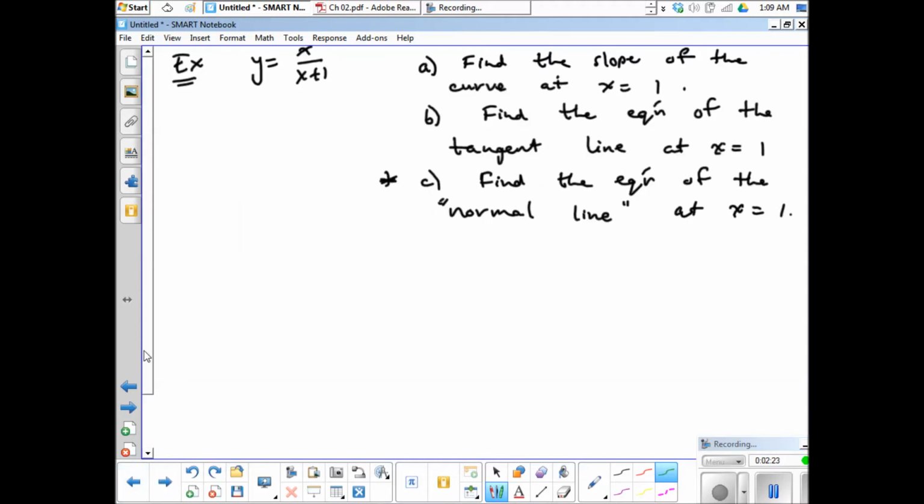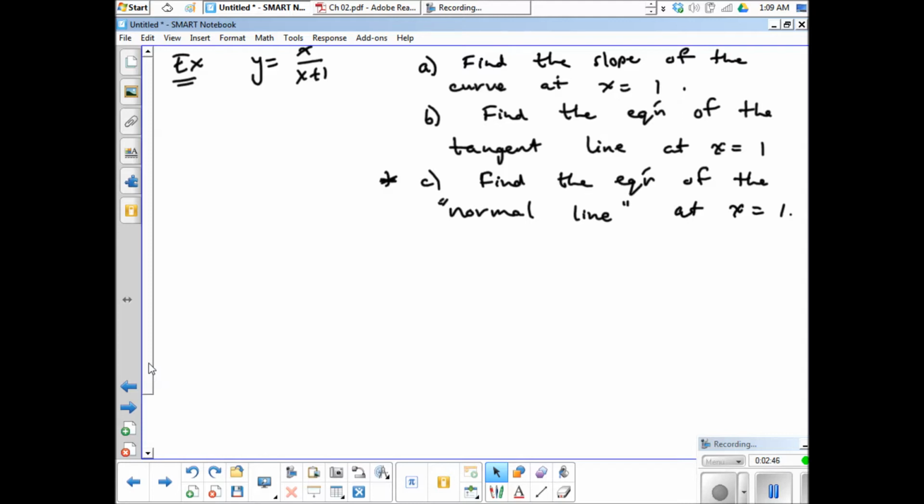Okay, so I already wrote this one out here. It's y equals x over x plus 1. We're going to find the slope of the curve at x equals 1. We're going to find the equation of the tangent line at x equals 1.